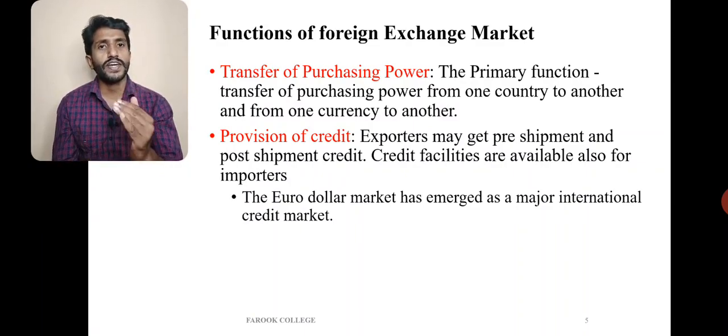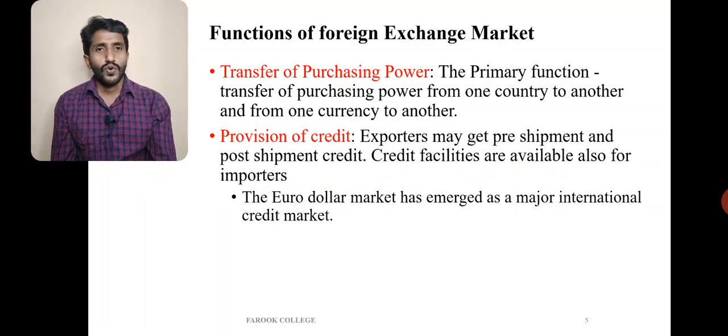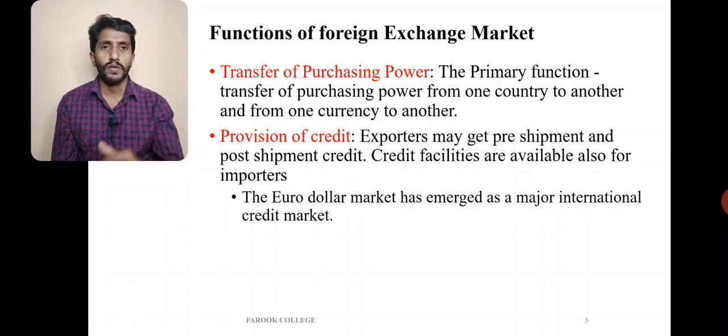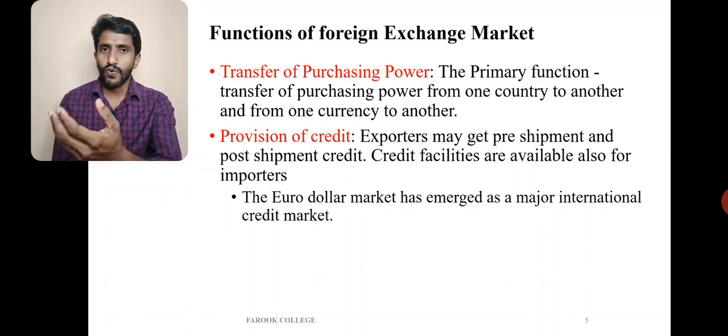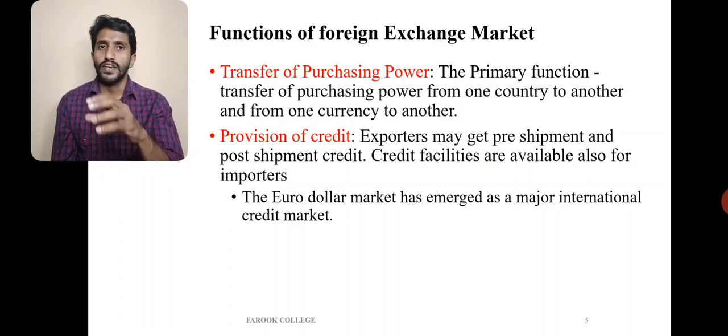Secondly, provision of credit or provision of loans. Who gives the loan? Exporters may get pre-shipment and post-shipment credit. Credit facilities are also available for importers. If we need to import some items from the US, we may apply for a credit or a loan, and we can use that loan for importing purposes.